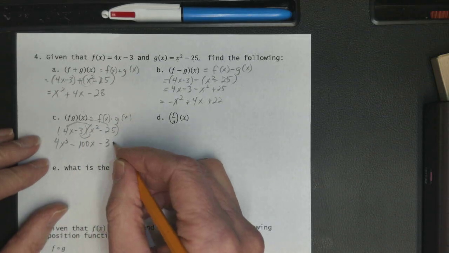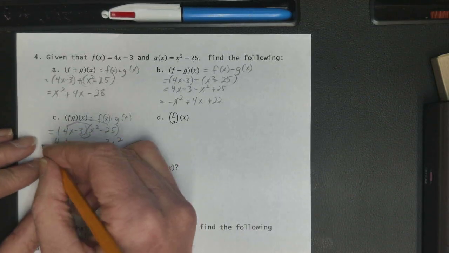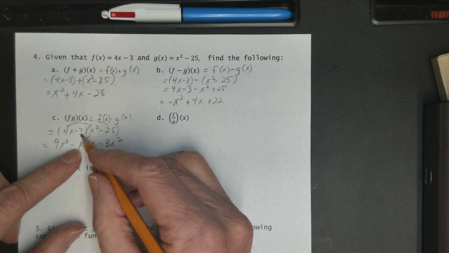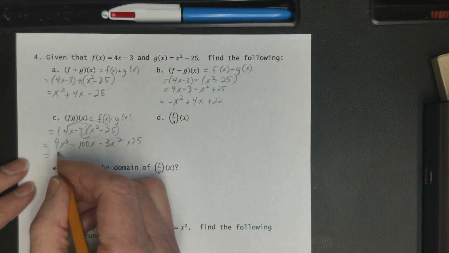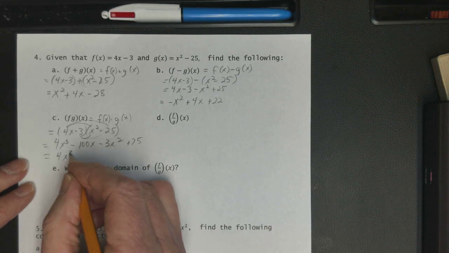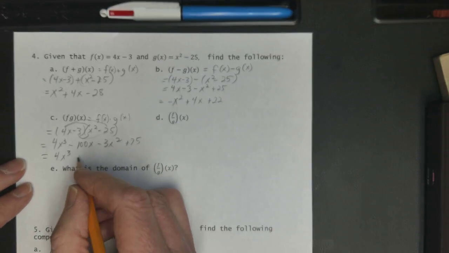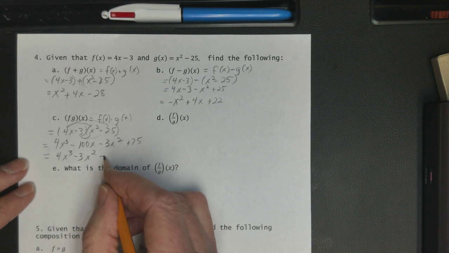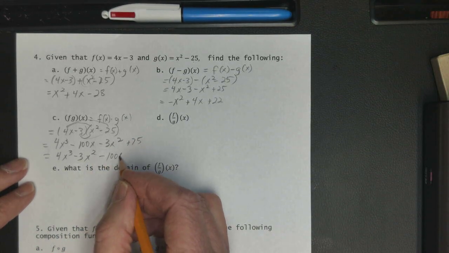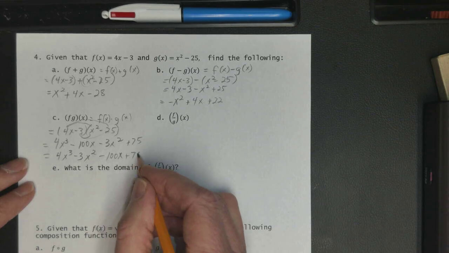Inside, minus 3x squared. Last, plus 75. Alright, in descending order of exponents, let's write 4x cubed minus 3x squared minus 100x plus 75.